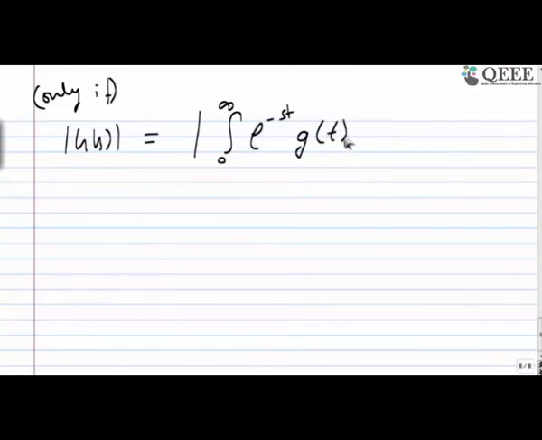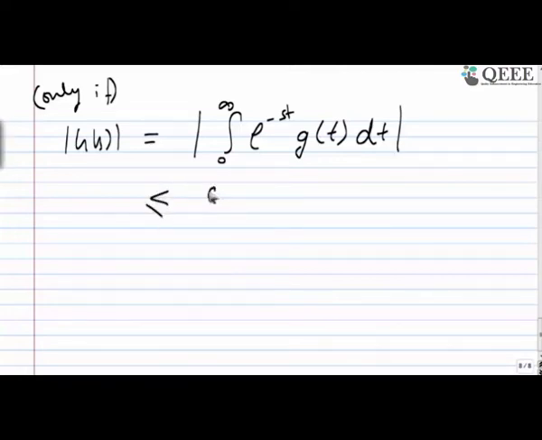So what we assume is that for all values of s for which the real part of s is greater than or equal to 0, we have the mod of g of s. Let's write the mod of g of s as the integral from 0 to infinity of this one, where this is the Laplace transform and we are taking the mod of both sides.